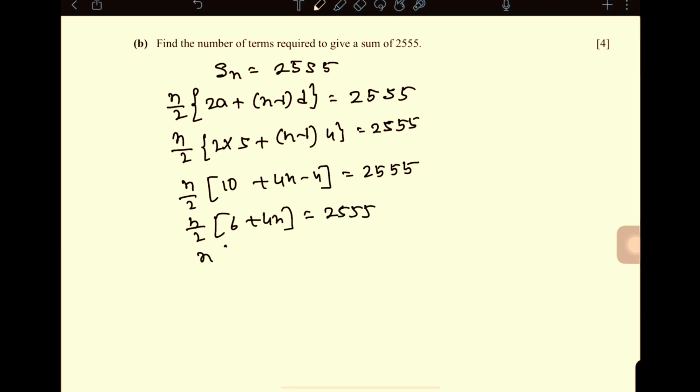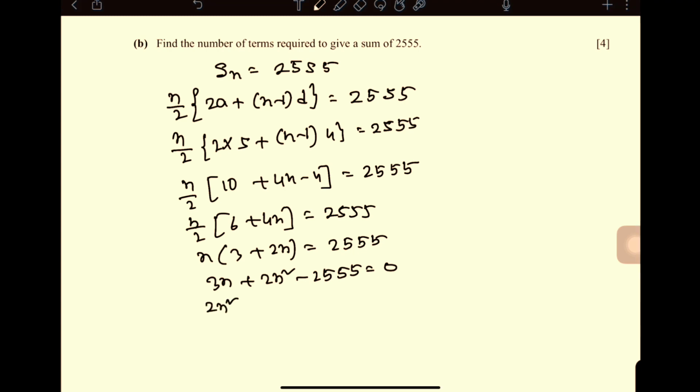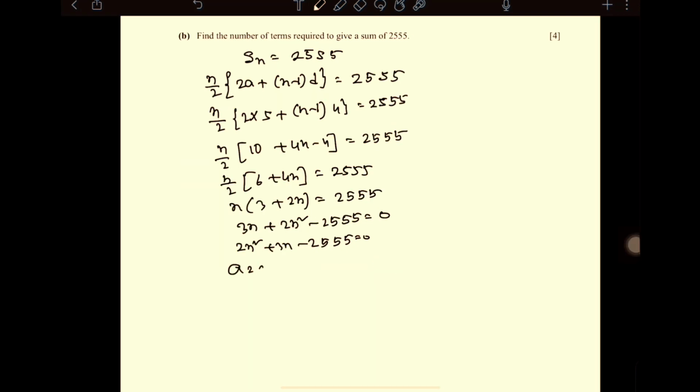So 3n plus 2n square equals 2555. Let me write 2n square plus 3n minus 2555 equals 0. Here a equals 2, b equals 3, and c equals minus 2555.